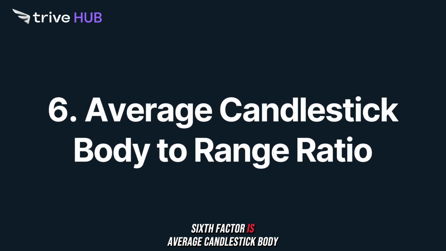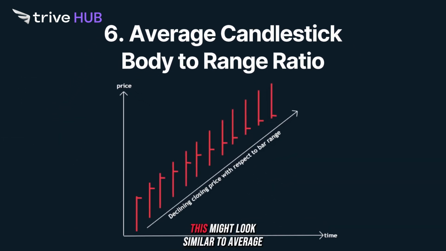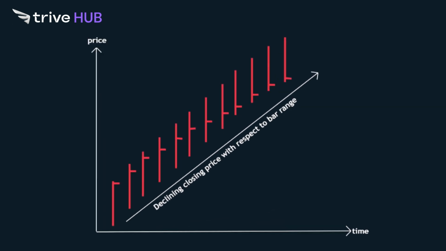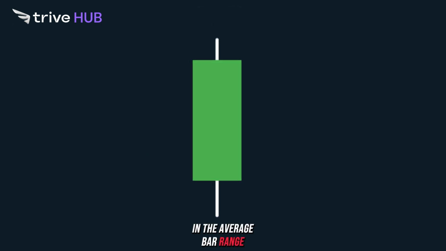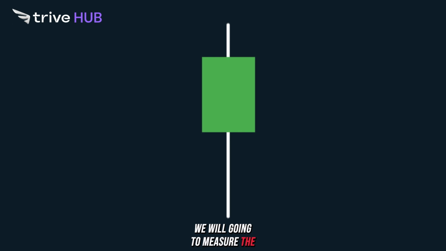Sixth factor is average candlestick body to total range ratio. This might look similar to the average bar range factor, but it has a little bit of variation. In the average bar range, we measured the total size of the candle, but in this factor we are going to measure the body range of a candle.